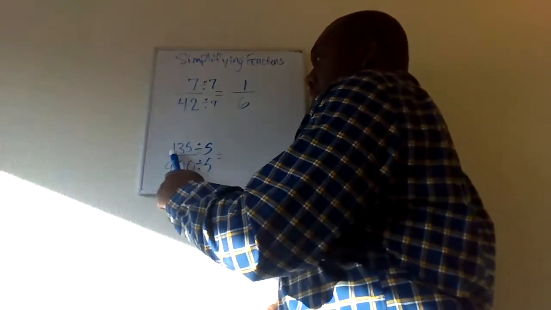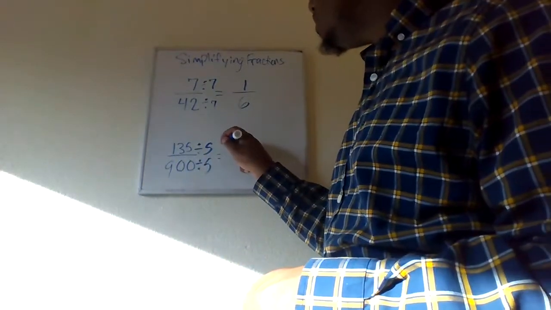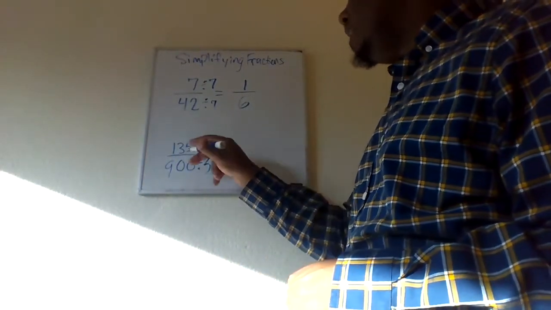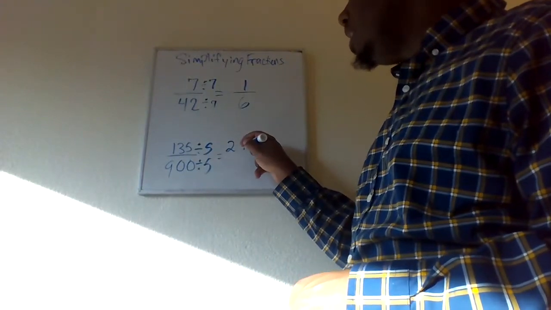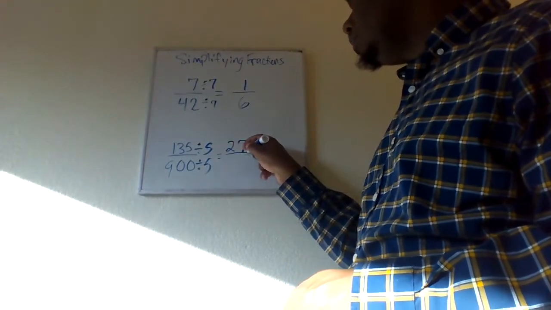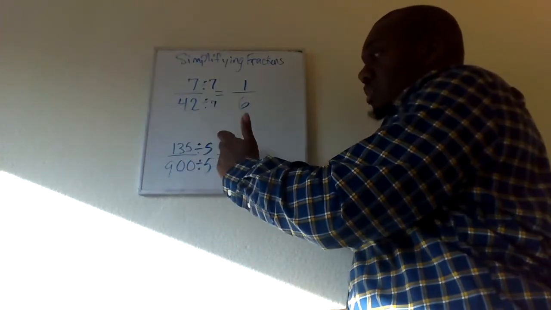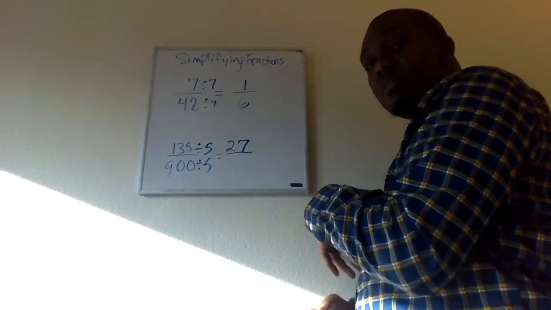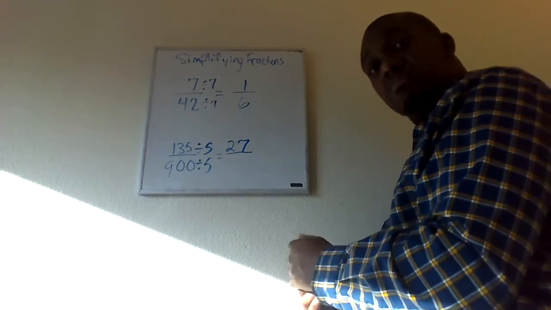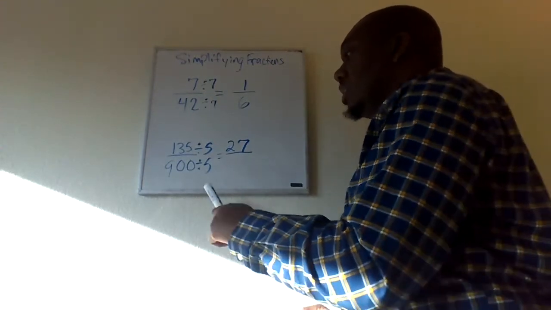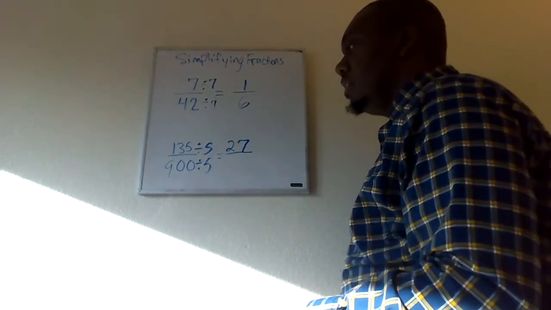Well, 5 goes into 13 2 times. And we would have 35 left over, so that would be 27. Because 5 goes into 100 20 times, and 5 goes into 35 7 times. So 27. That's good.